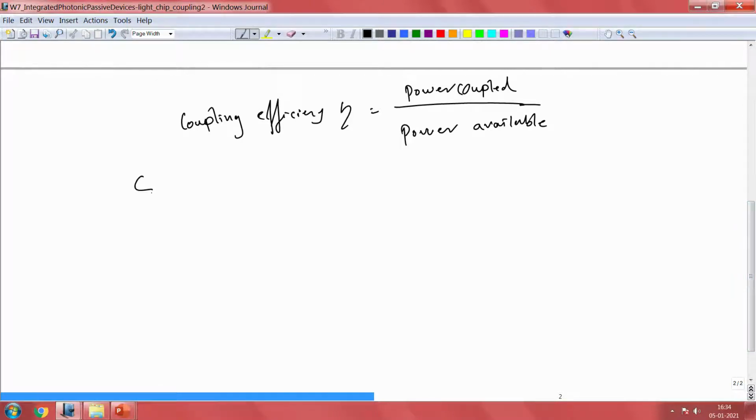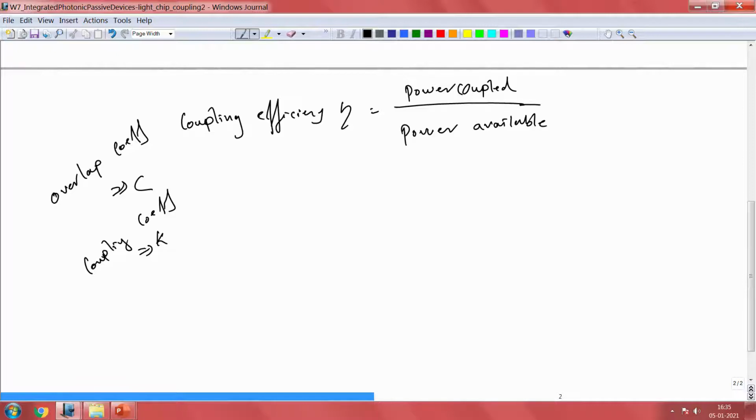One is the overlap coefficient C, and then the next thing is the coupling coefficient Kappa. So, these 2 are the factors that we already know are important for coupling light. The same thing applies here as well.